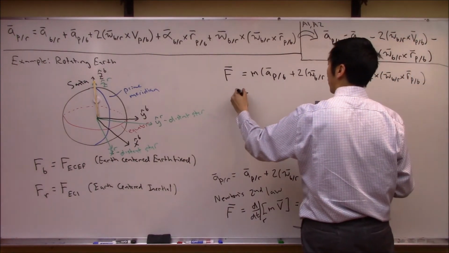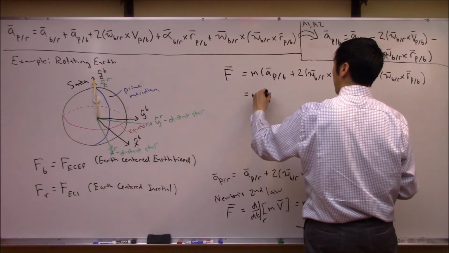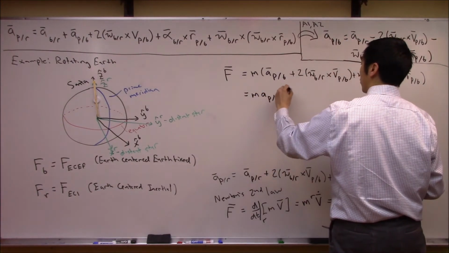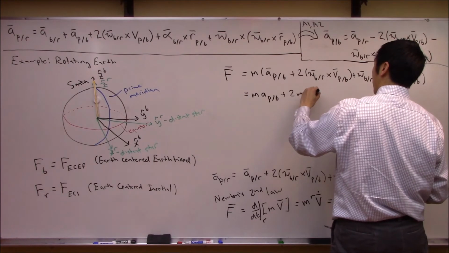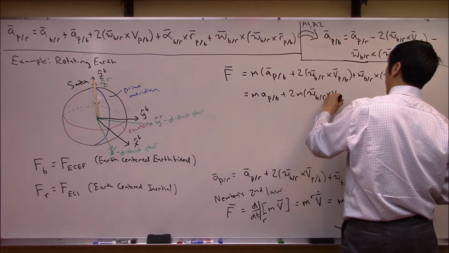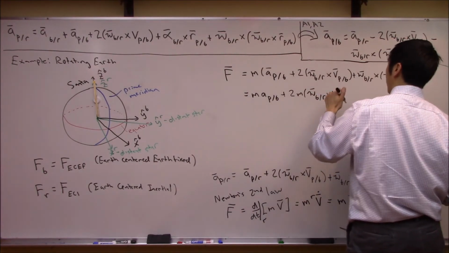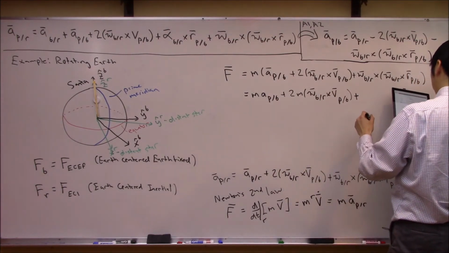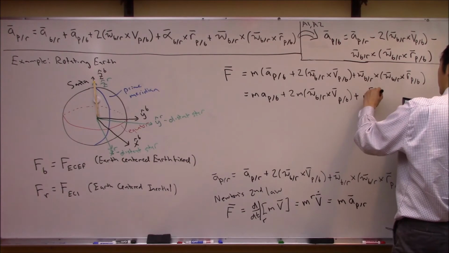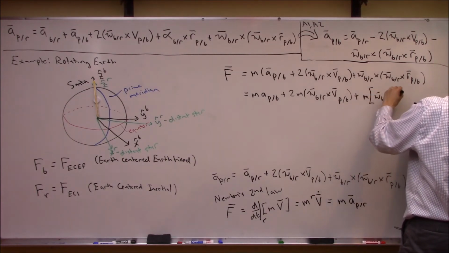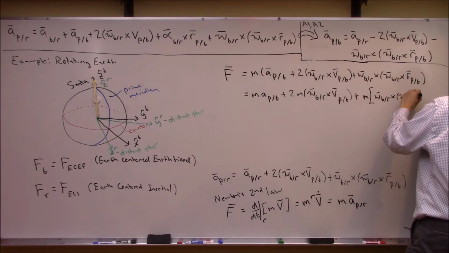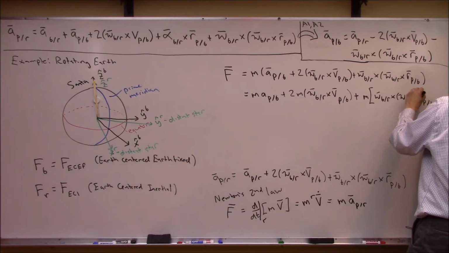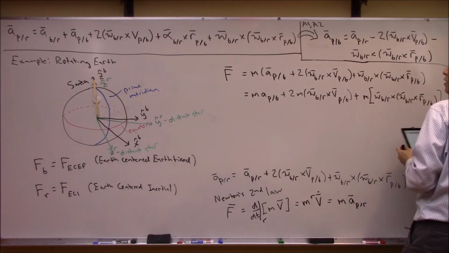So this is mass times A_P with respect to B, plus 2 times mass omega_B with respect to R cross V_P with respect to B, plus mass times this whole quantity of omega_B with respect to R crossed omega_B with respect to R crossed r_P with respect to B. Yikes. All right, finally we got all of that down here.